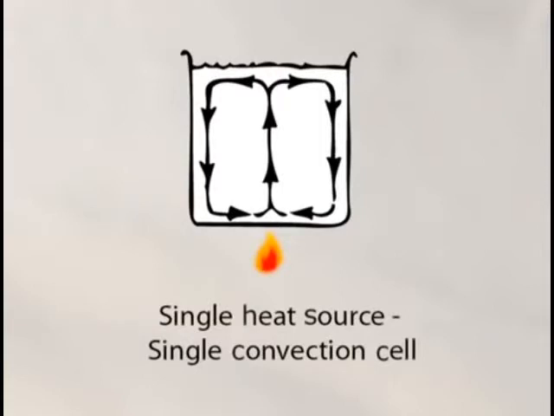As the water heats, of course, it expands, density goes down, and it rises to the top of the pot or the beaker, flows out of the top, cools, density goes back up again, becomes heavier, and goes back down the sides to be reheated. So basically that's a convection cell. And in any watching of a boiling pot of water, you see the convection cells. But now what I want you to do is consider something a little bit different.